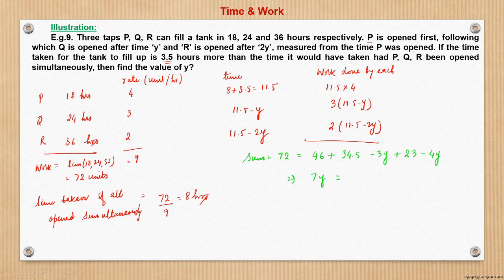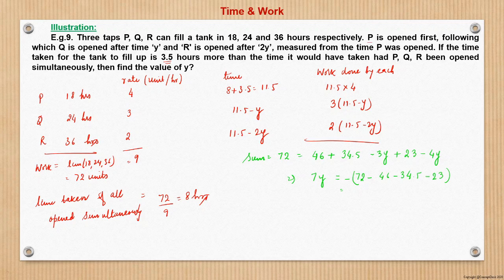So from here we can say that 7Y is equal to 72 minus 46 minus 34.5 minus 23, rather this is the negative of this. So what is this value?